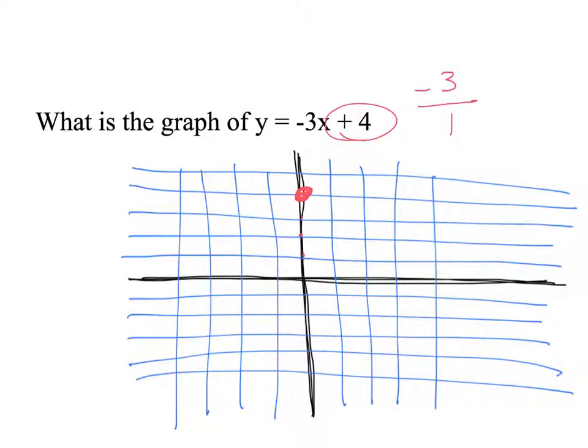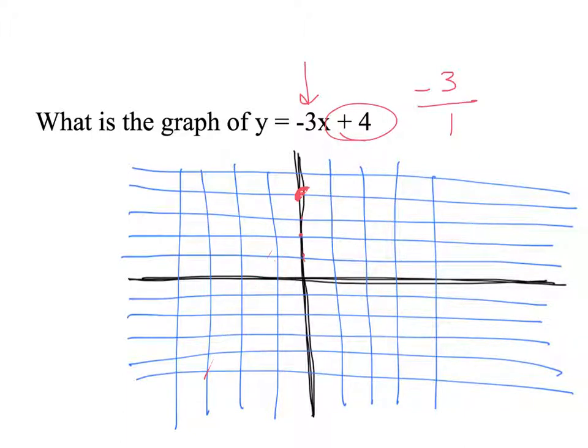So a lot of people think you come down 3 blocks and then go over this way. But you don't want to go over that way because it's a negative slope. So if I connect these, that looks like a positive slope, but the number's negative. So I'm just going to erase it.